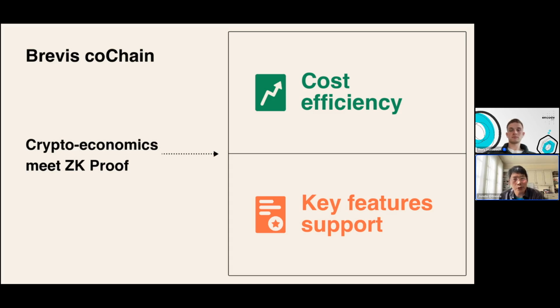Zero knowledge is very good at proving something exists, something happened, but it actually sucks at trying to say something didn't happen. We had partners come to us and say, hey, can you prove this address or this user never interacted with or used Tornado Cash before?